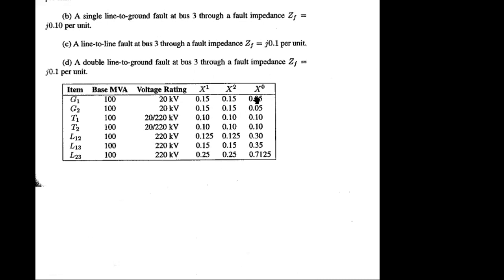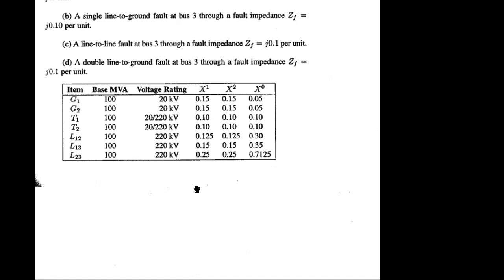Are they always the same? Yes, X1 and X2 will always be the same, but try to check whether there is any anomaly or not. Generally, X1 and X2 will be the same. But if they are different, that will be exceptional, so you have to check when you start the problem solution whether they are the same or not.